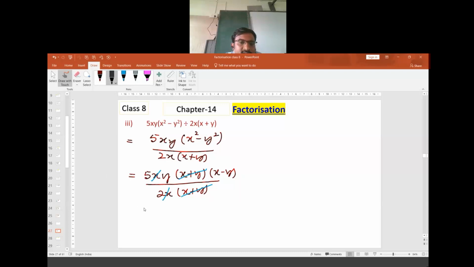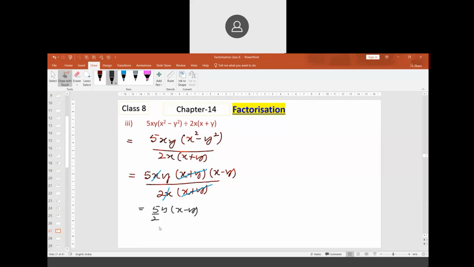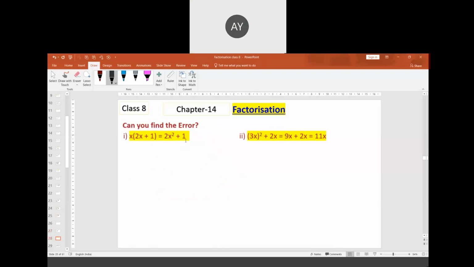And the result we obtain is 5 by 2, 5 by 2 minus x y, so it's 5x minus y remaining, x minus y in the bracket. Okay, this is the answer. Y is not looking like y. Okay. Can you find the error?